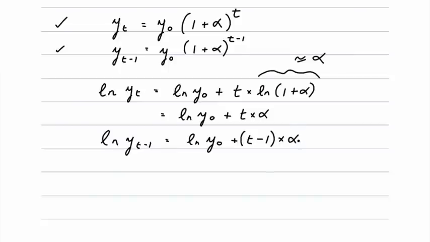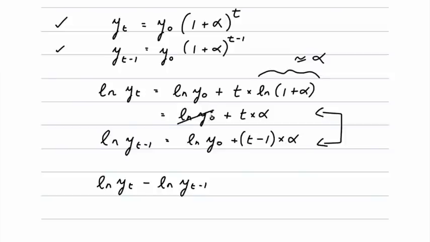Now, none of this necessarily looks all that helpful at this stage, but have a look what happens if I do the following. If I take the natural log of the value of GDP in period T and subtract from it the natural log of the value of GDP in the previous period, what I'm actually doing is subtracting those two expressions.